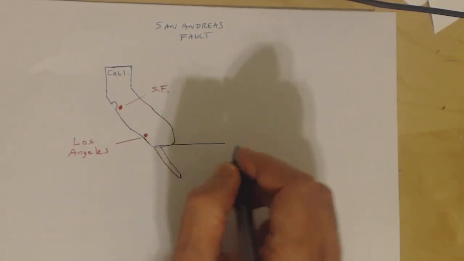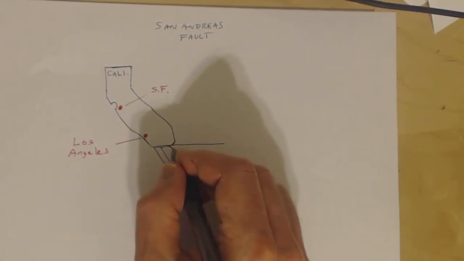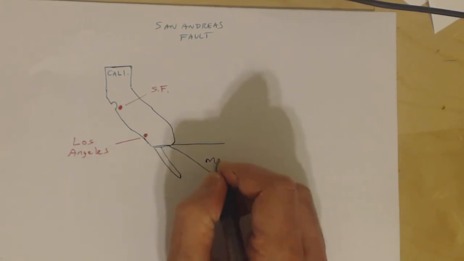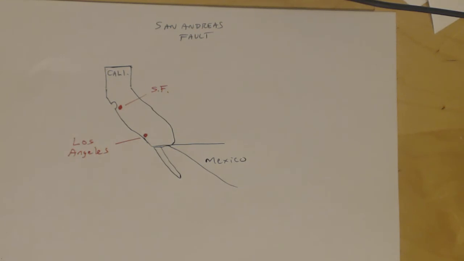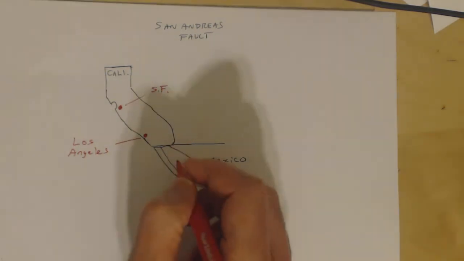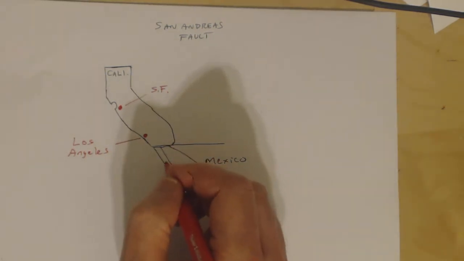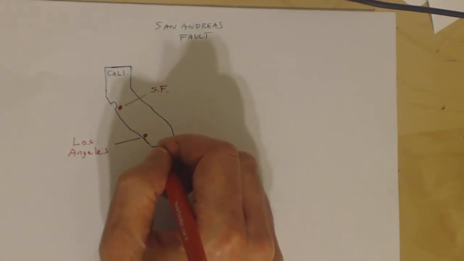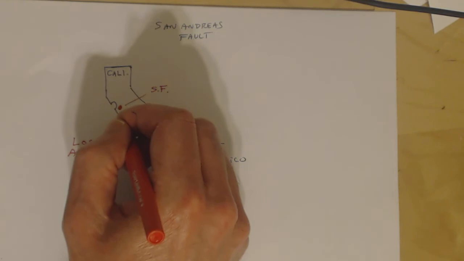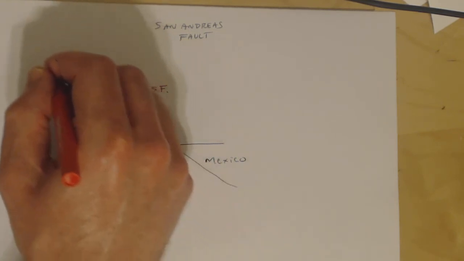This is basically Mexico down here. And the San Andreas Fault essentially runs through all of this, sort of comes between the Baja Peninsula and Mexico, comes up here, and sort of divides California something like this.